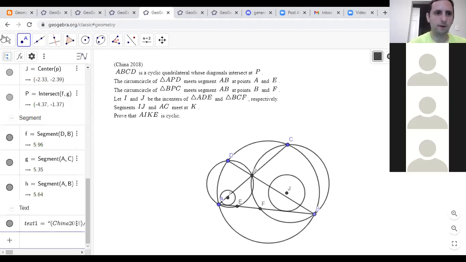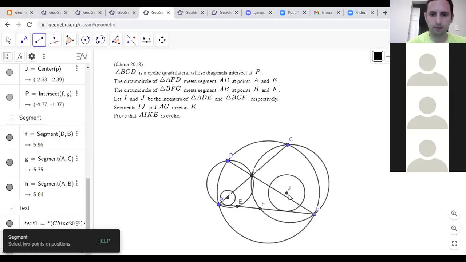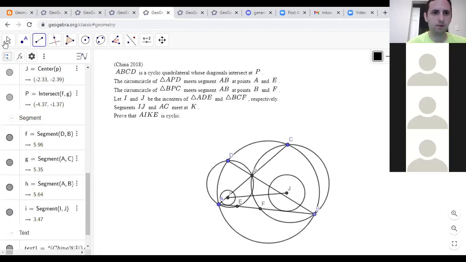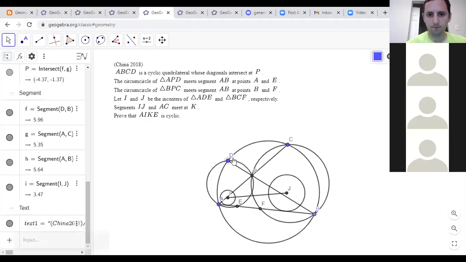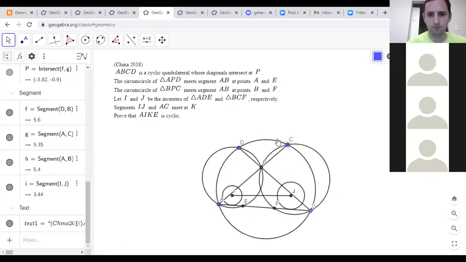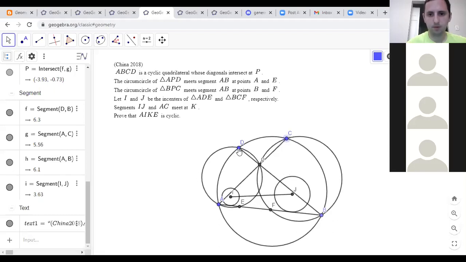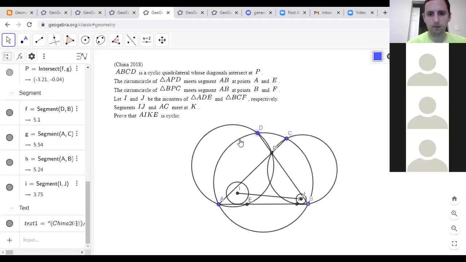And then, okay, so I need the segments to intersect. Let's see, how can I make it easier?